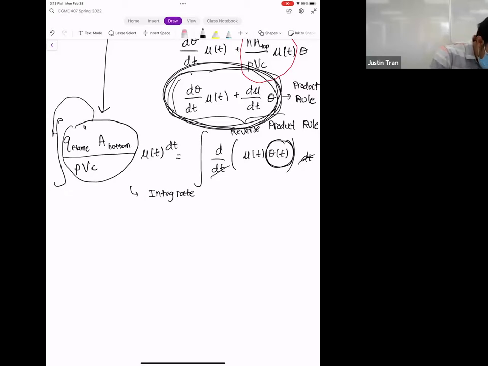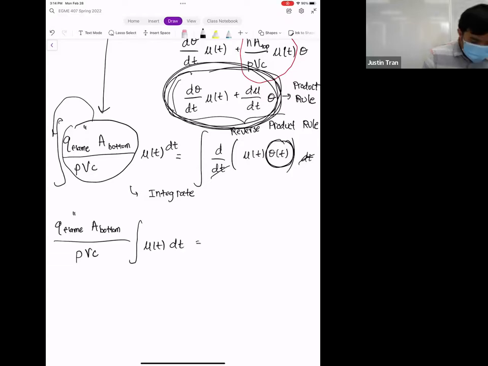And so on the left-hand side, we have Q flame double prime times A bottom divided by rho V C, integral of mu of t dt. And on the other side of the equation, we have mu of t multiplied by theta of t.